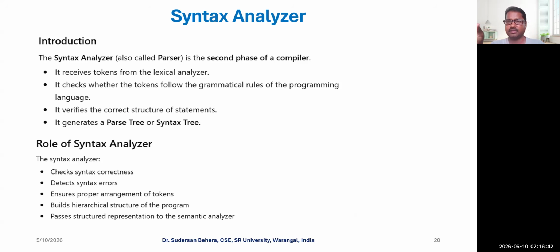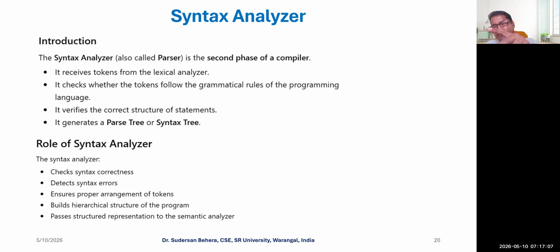The sentence is okay, but is the sentence grammatically sound? See, int space a semicolon. If I write semicolon a int, will the sentence be correct? You check it. Type it in your system and check it. That will be totally wrong.